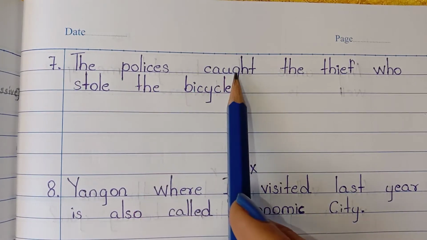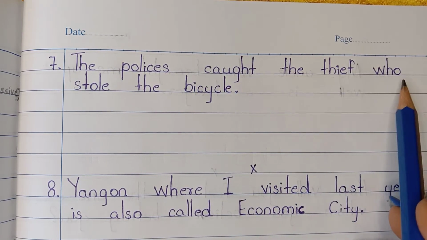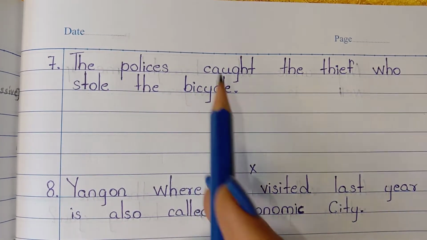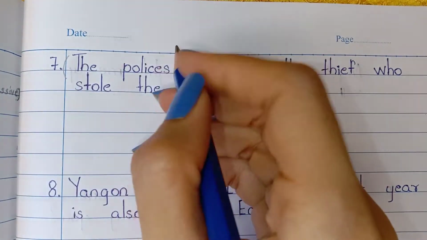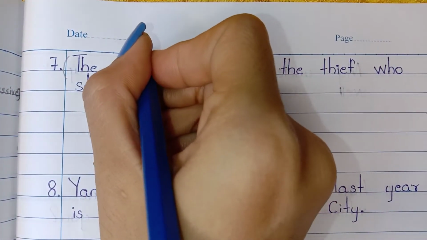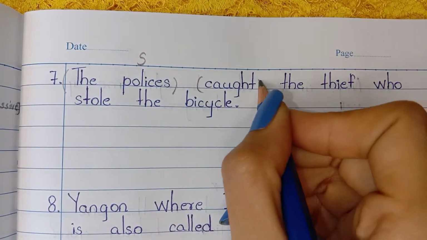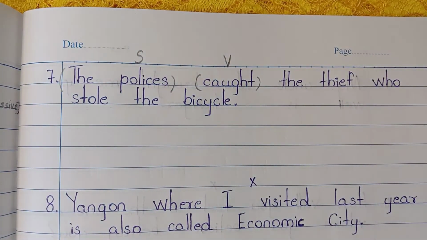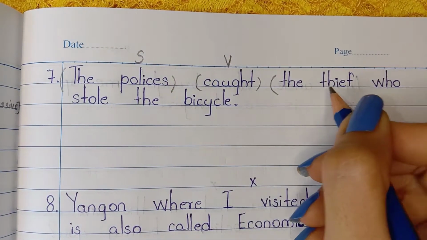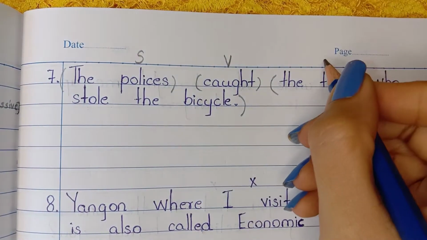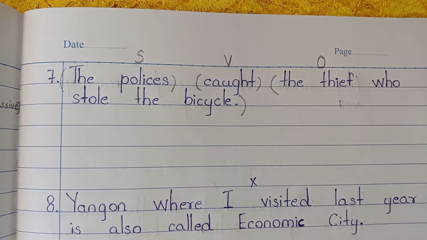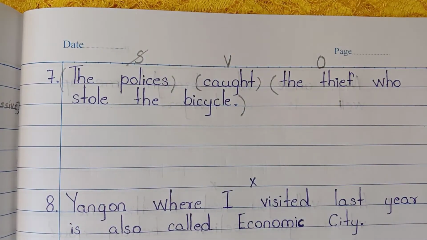The police caught the thief who stole the bicycle. So the police is the subject. And then caught is the verb. The thief who stole the bicycle is the object. So we should start from the subject.